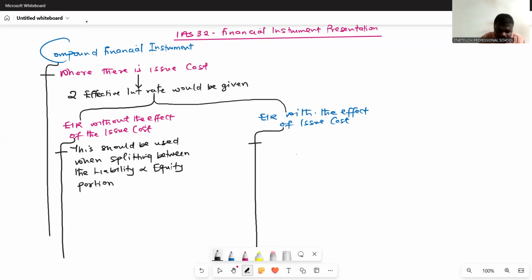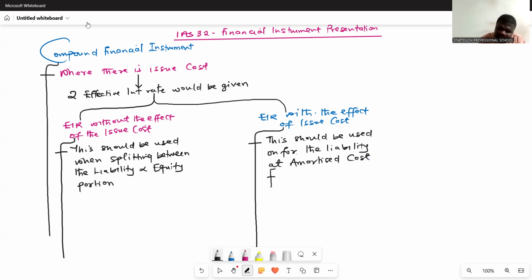So this should be used only for the liability at amortized cost. Liability at what? At amortized cost.